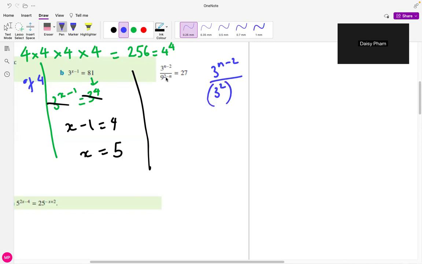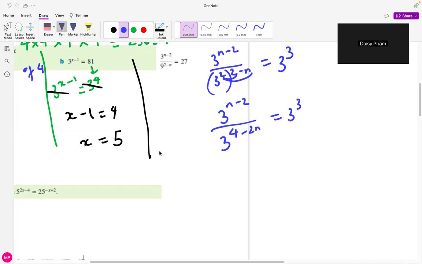And then to the power of 2 minus n equal 27, you write that as 3 to the power of 3. Now, what you do next is you're going to expand the denominator, the bracket out. So 3 to the power of n minus 2, write that again, over 3 to the power, then you're going to times them together. 2 times 2 equals 4, 2 times n is 2n, equal 3 to the power of 3.